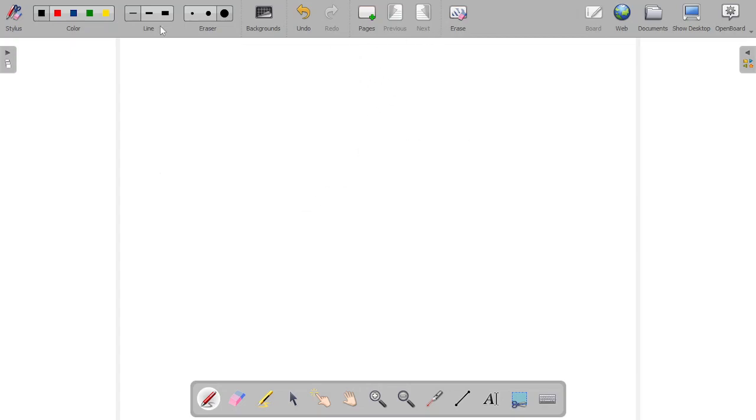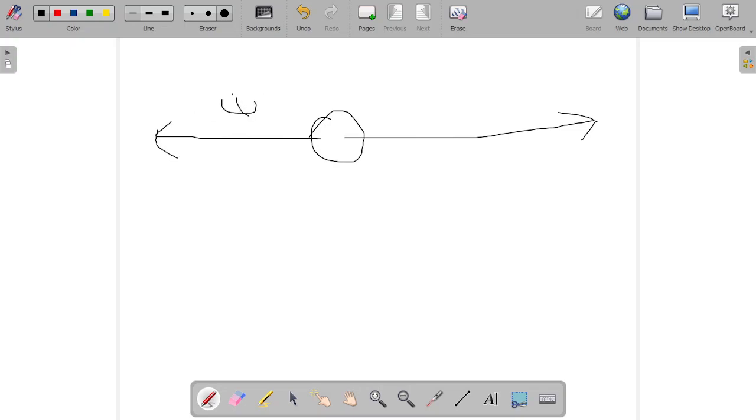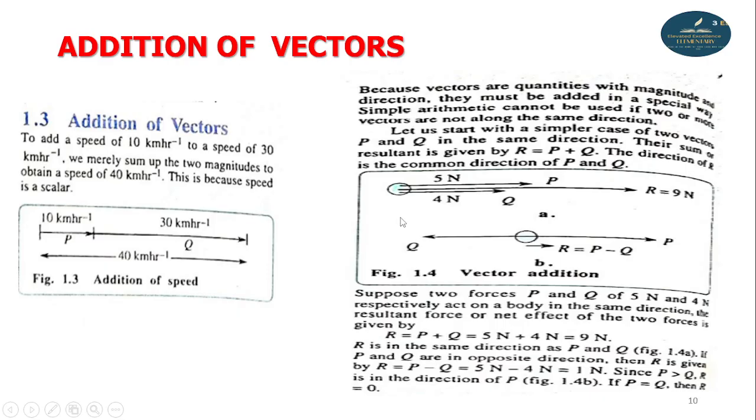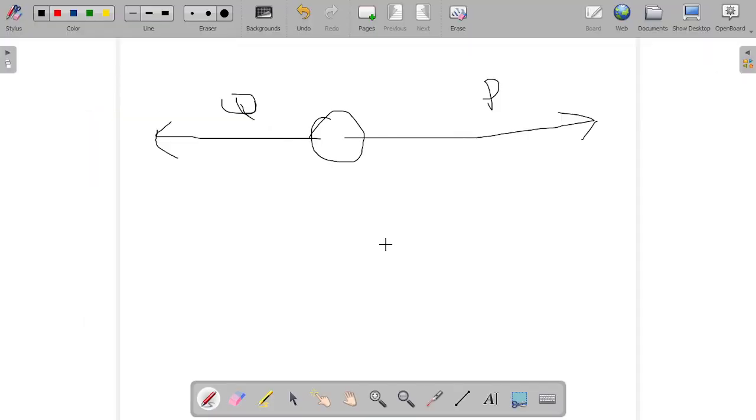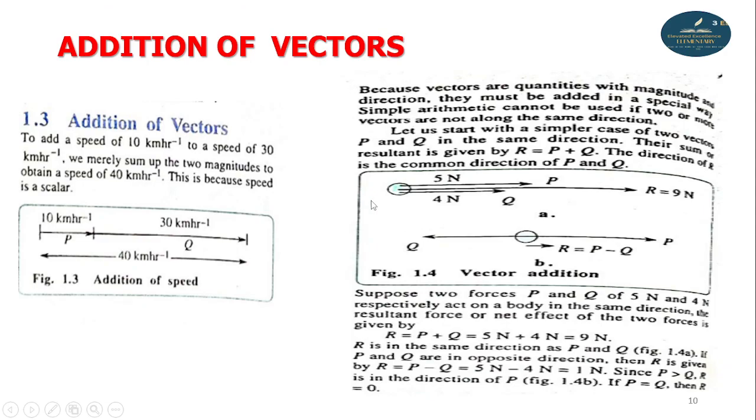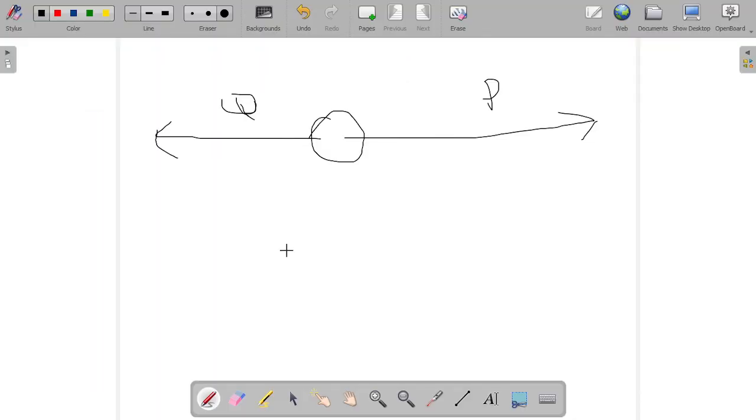What does that imply? It implies that if this is the body and P acts in this direction while Q acts in this direction, to get the resultant of the vector, we draw the resultant like this to this point here. Why?